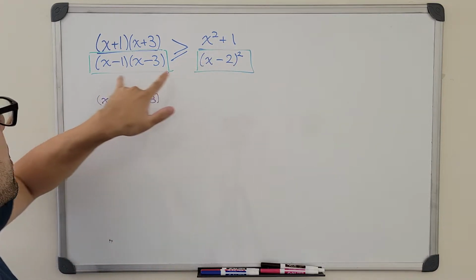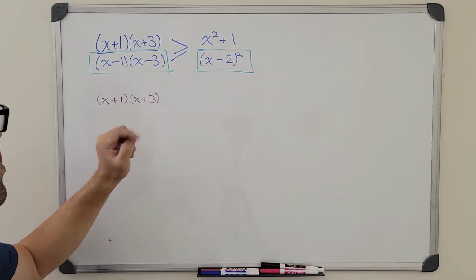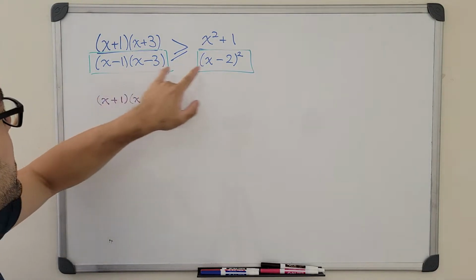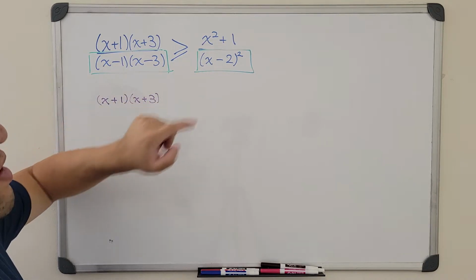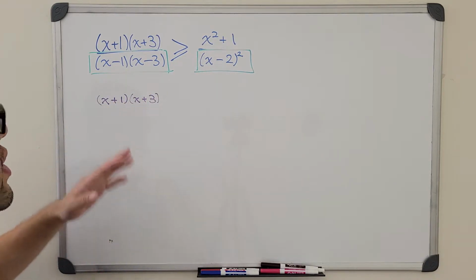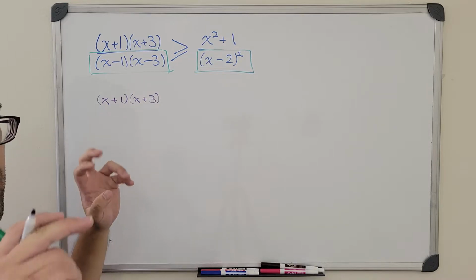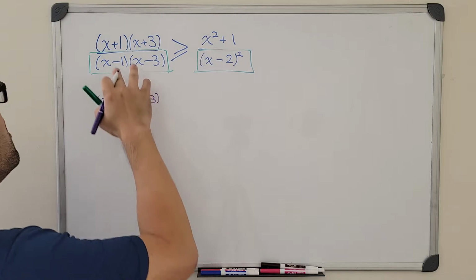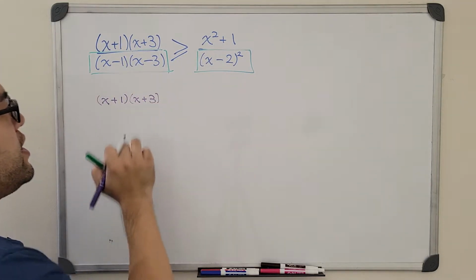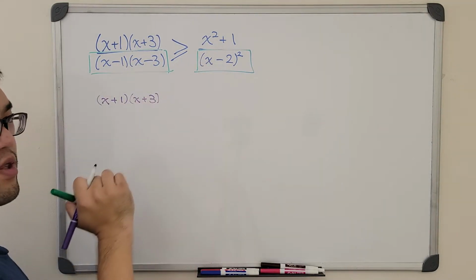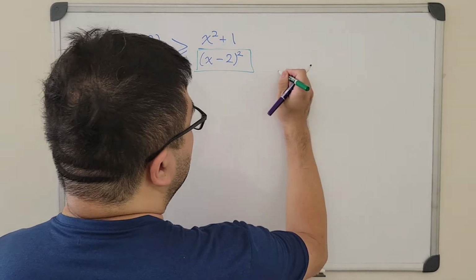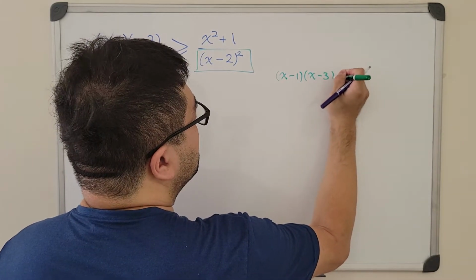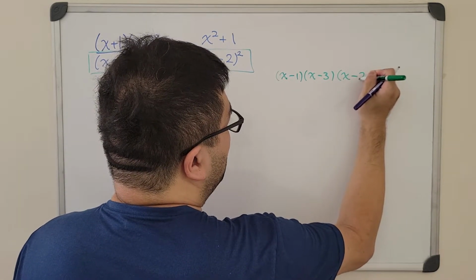Since their common factor is just 1, in order to find the lowest common multiple, or what some pre-algebra classes call the common denominator, we need to multiply these two terms together, so that we get (x minus 1)(x minus 3)(x minus 2) quantity squared.